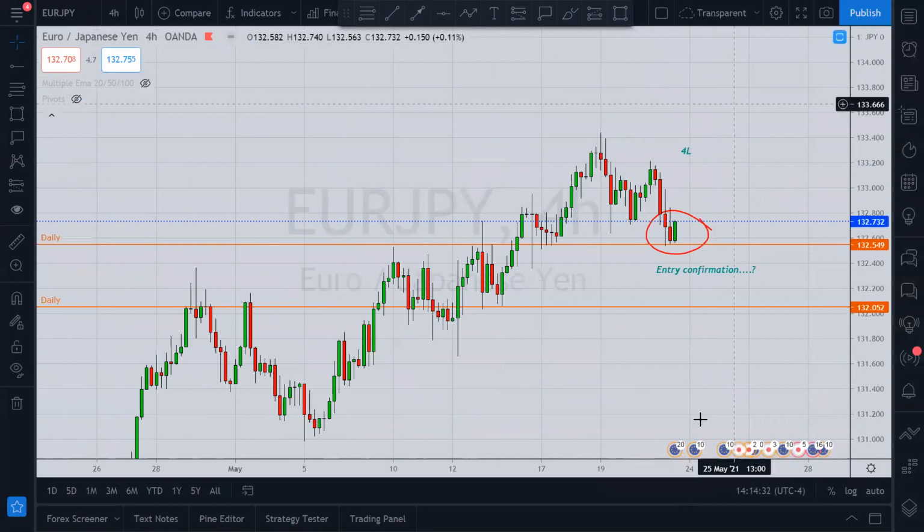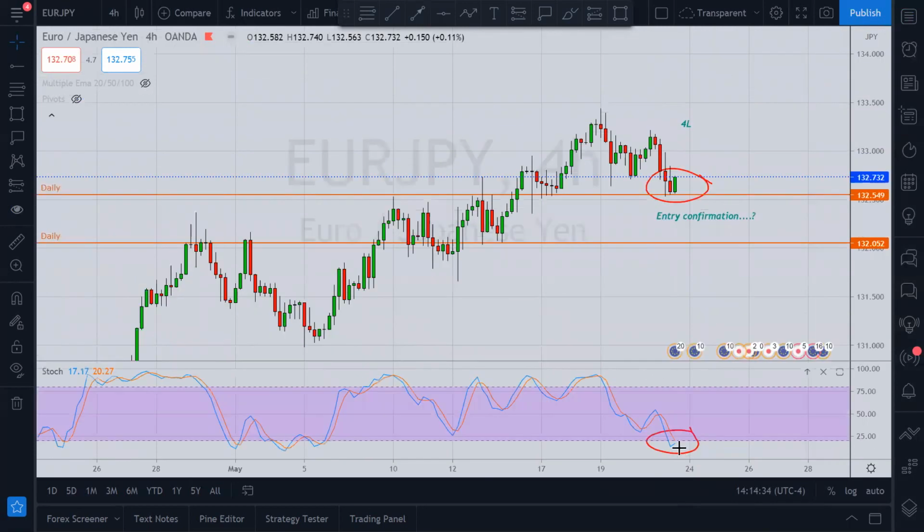So I am looking at the stochastics, and we are looking at an oversold market. And I like to see that blue cross that red line.